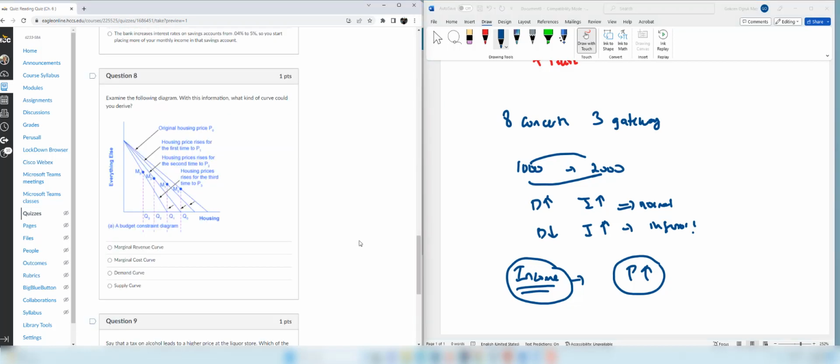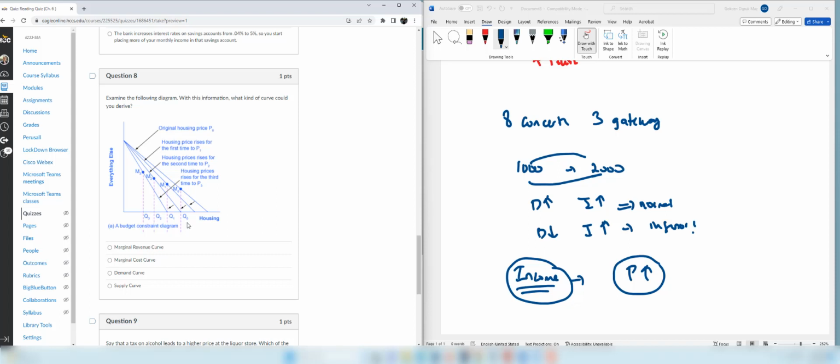Question 8. Examine the following diagram. With this information, what kind of curve could you draw? So this is the consumer's budget constraint, and we have 2 goods, housing and everything else. When the housing price increases, as you see, the consumption of housing decreases. For instance, the housing original price is P0 and the consumption is at M0, at Q0 quantity of housing.